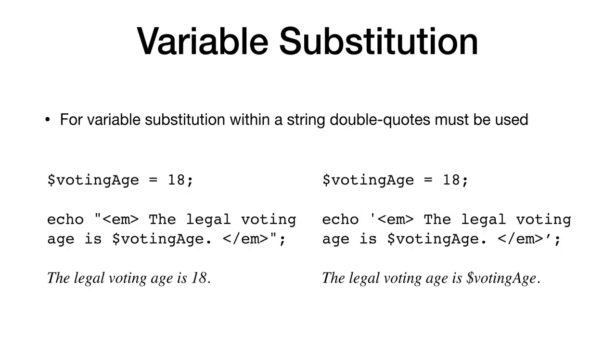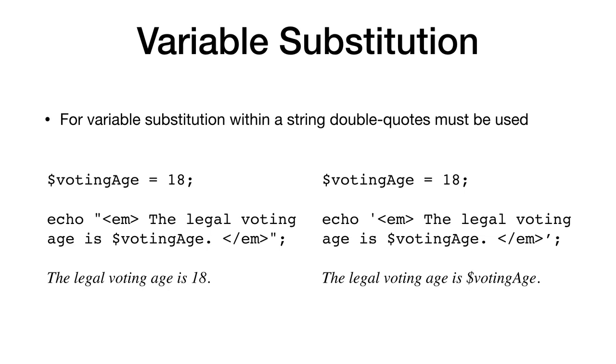So let's have a look at some more variable substitution to see how that works. If it's going to work, the string must be in double quotes. So here we have variable voting_age gets 18. We're saying echo emphasis, excuse me, the legal voting age is $voting_age, close emphasis, and this will output in italics: the legal voting age is 18.